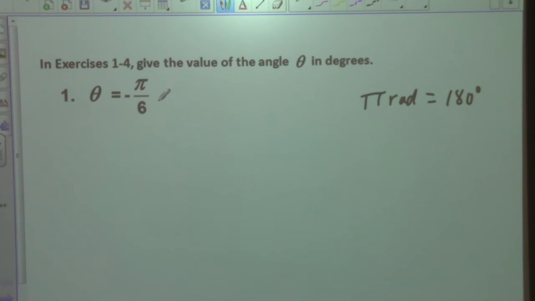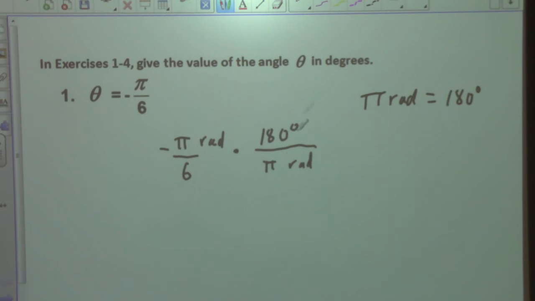And so what you'll do here, if you have theta equals negative pi over 6, negative pi radians over 6, to convert units from radians to degrees, we're going to multiply by 180 degrees over pi radians.